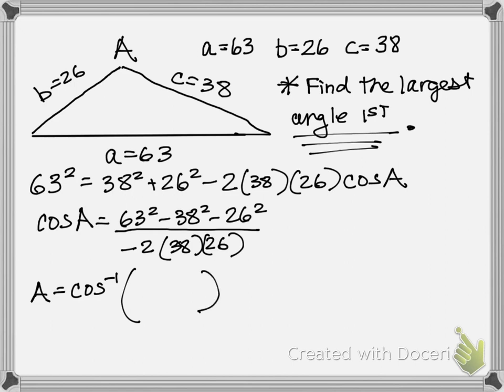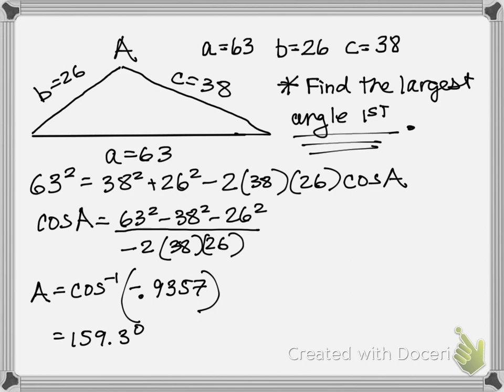So now I'll do the calculator key-in for this. So there we have it, negative 0.9357. And then I do the calculator key-in for the inverse cosine of that value. And I get my angle of 159.3 degrees.